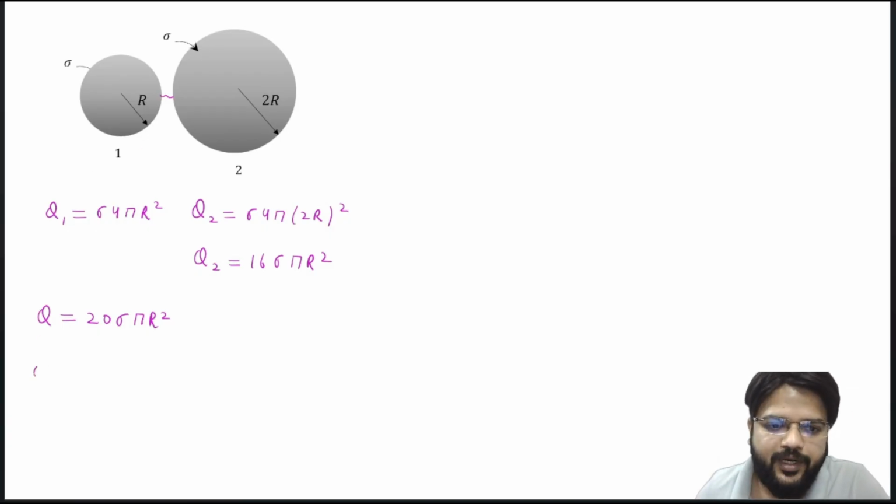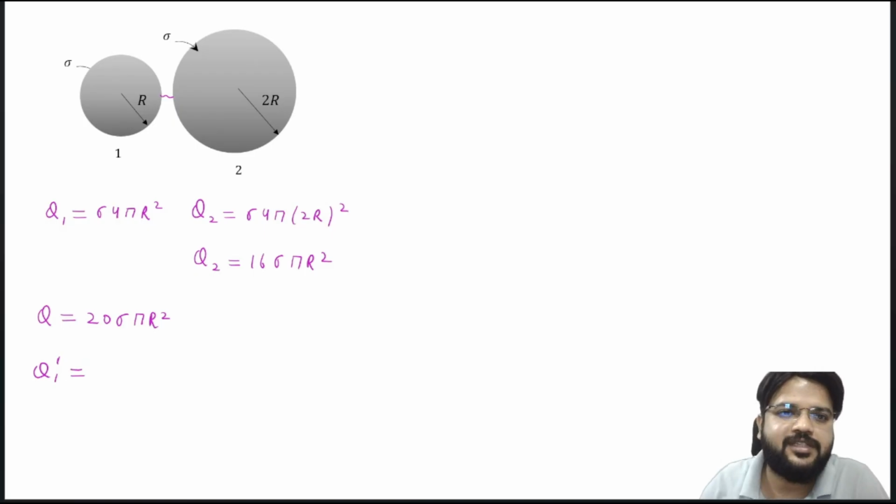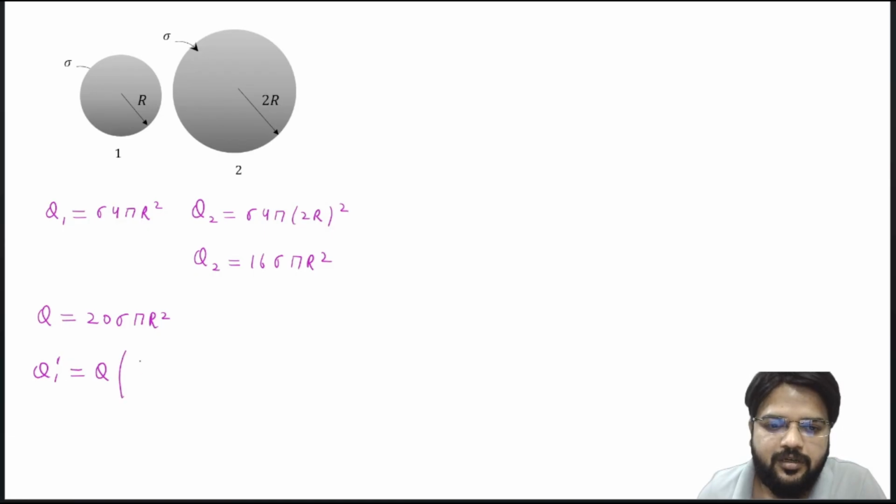So Q1 dash, the final charge on the first sphere after the separation. We are making contact and then separating. After the separation, Q1 dash is how much, everyone? It is total charge times R1 divided by R1 plus R2. This formula we know already, correct?